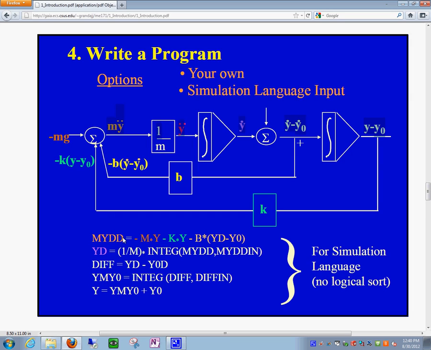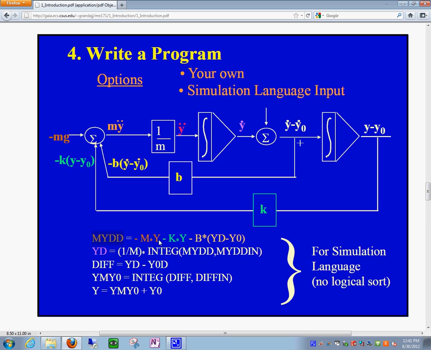That term is described here, see? MYDD stands for MY double dot. That's a way to represent this term. And to say, this term is the summation of these two, see?